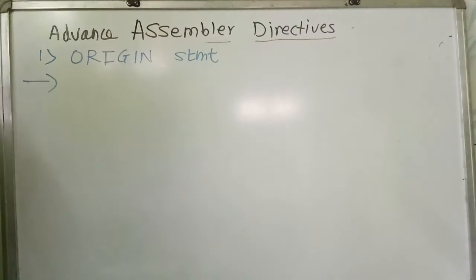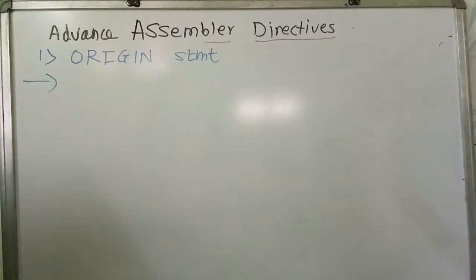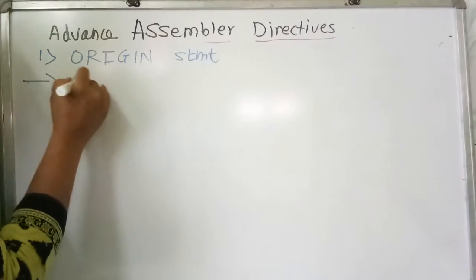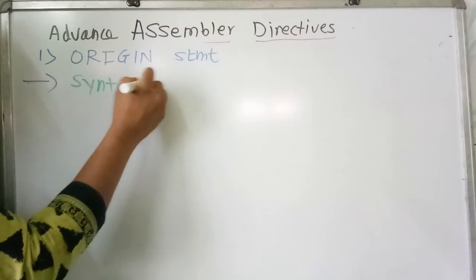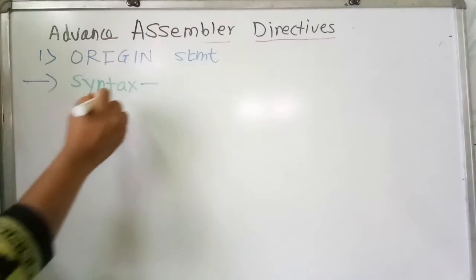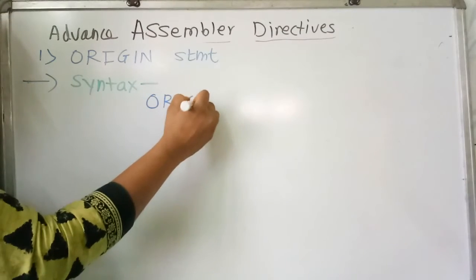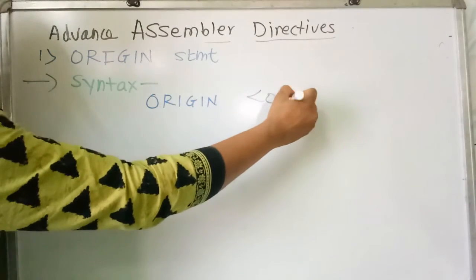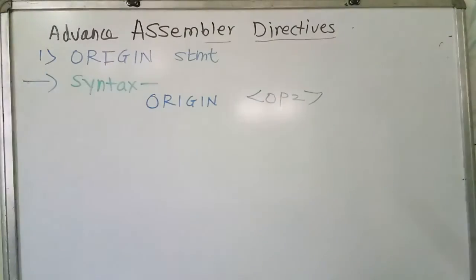What does this statement tell us? This directive is like the start instruction, but there are some differences between origin and start. Firstly, we will write its syntax, then we will get the clear idea. The syntax is origin, and then you have to mention the operand 2.